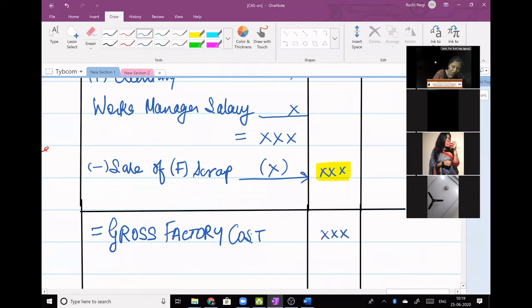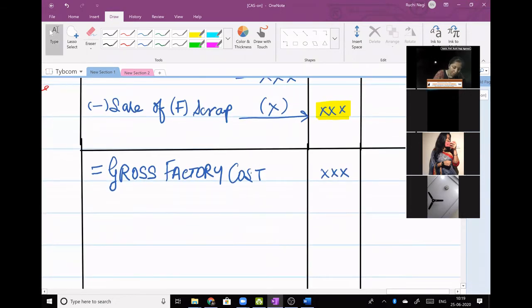Then in the manufacturing account you have opening and closing stock of WIP also.